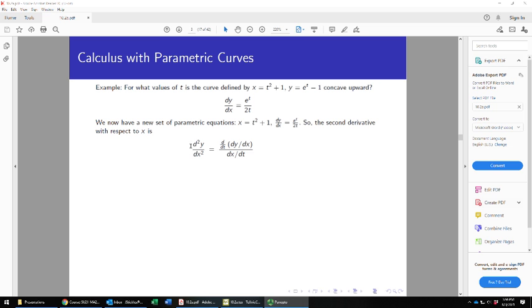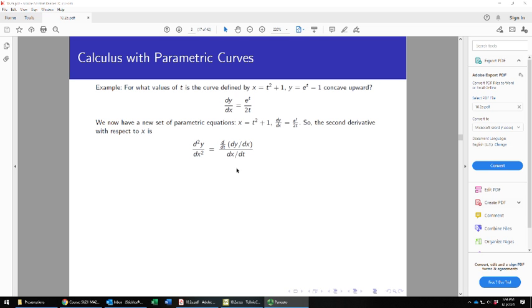So when we want the second derivative, we take the derivative of the first derivative, so d/dt of dy/dx, the derivative of dy/dx with respect to t, over the derivative of x with respect to t. So this is how we get the second derivative, not the second derivative of y with respect to t and the second derivative of x with respect to t.